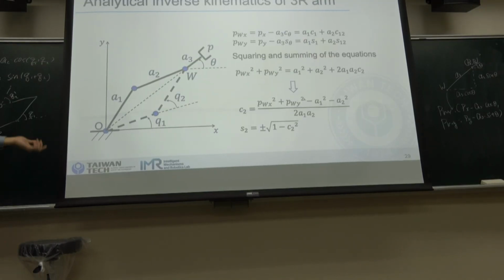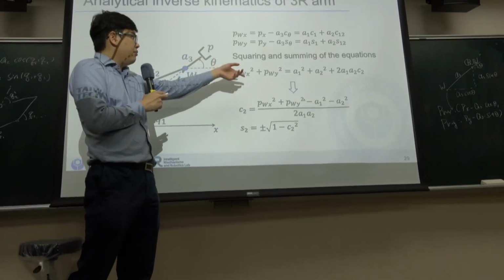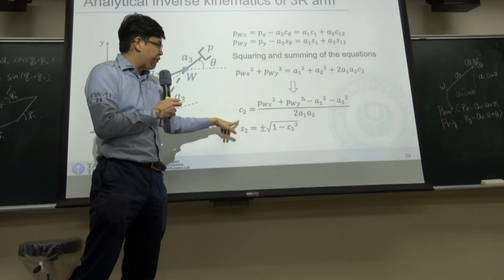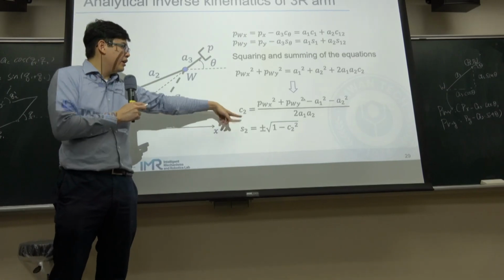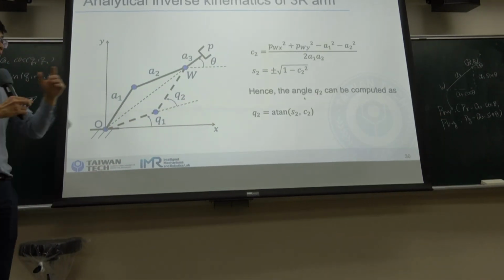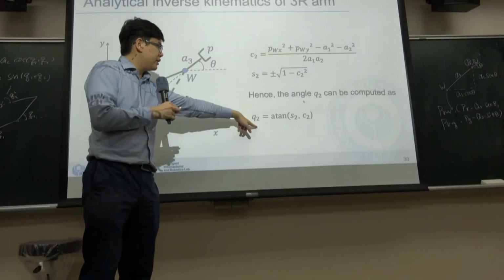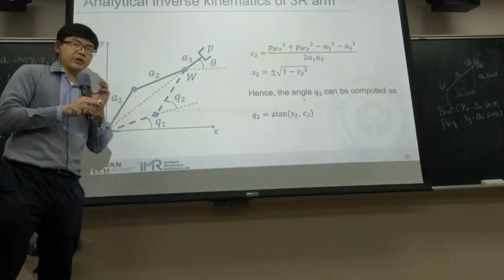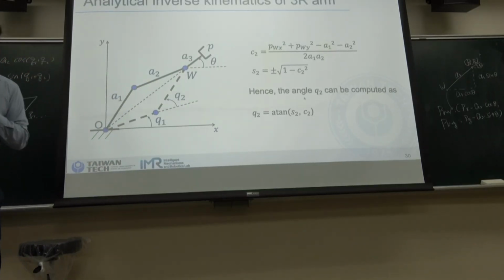So it's the same: we square and sum the two equations, and we can find cosine Q2. Through the arctangent, we can get the value of Q2. And it will have two solutions, the plus and minus.